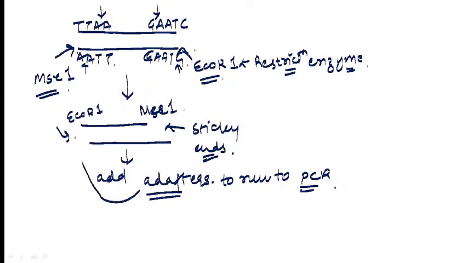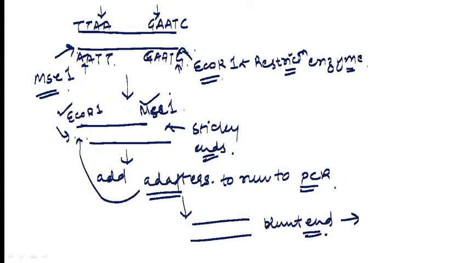These adapters are going to bind with the complementary part of the restriction site present in EcoRI and MseI. Then we have generated a blunt end. Then we run the PCR cycle and we do gel electrophoresis.